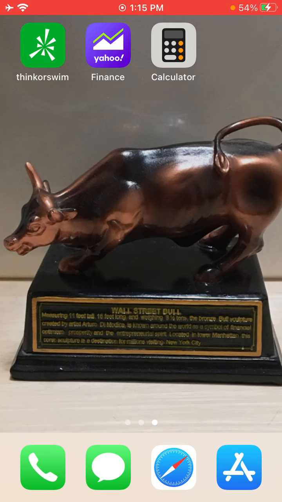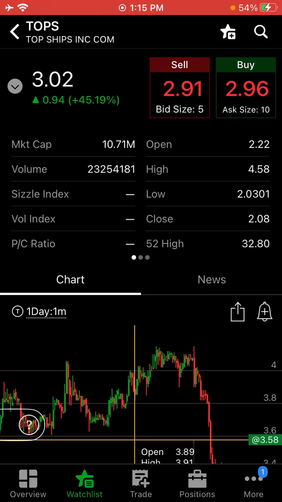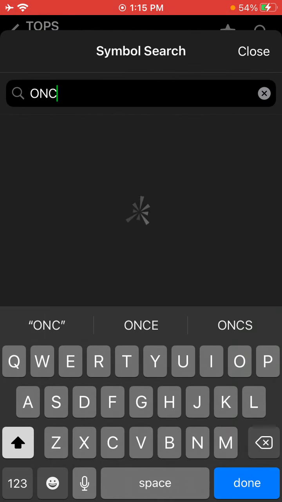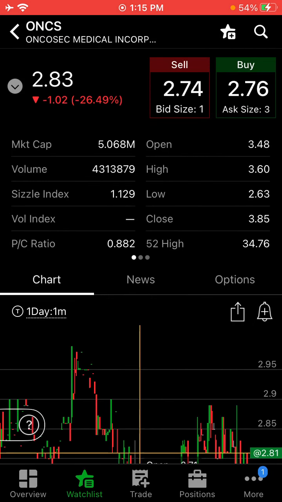So as you can see, sometimes it can be a little tricky to get the accurate float. So if we go to ONCS, we see here it shows the market cap is only 5 million.